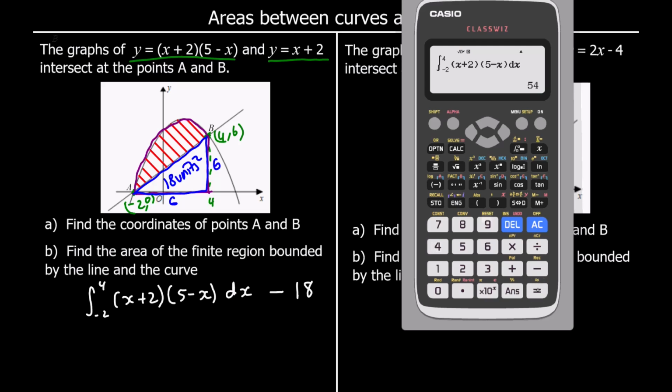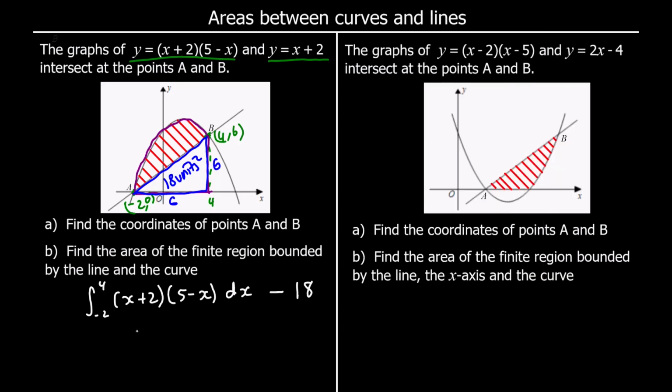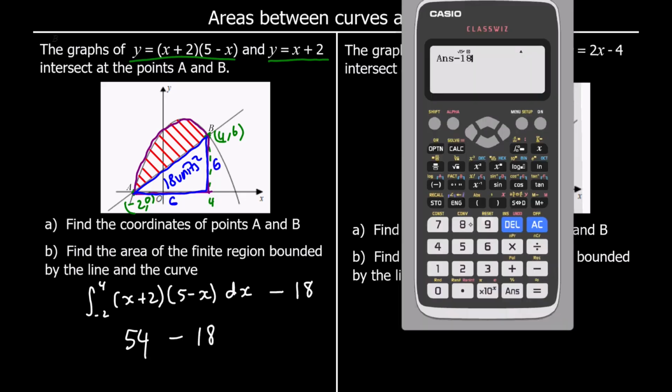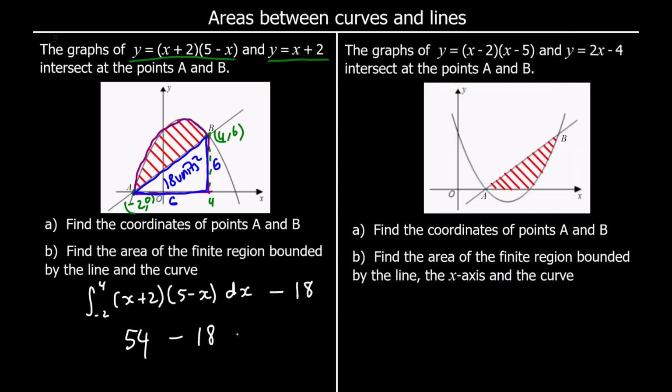That's got an area of 54. The total area is 54. We're going to take away 18, which is 36. So we've got 36 units squared.